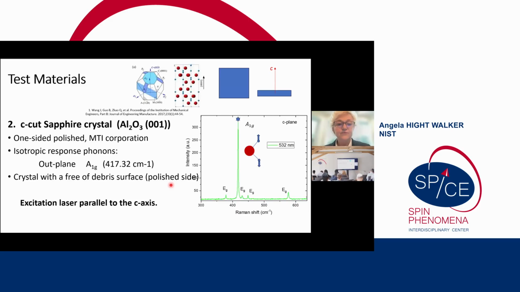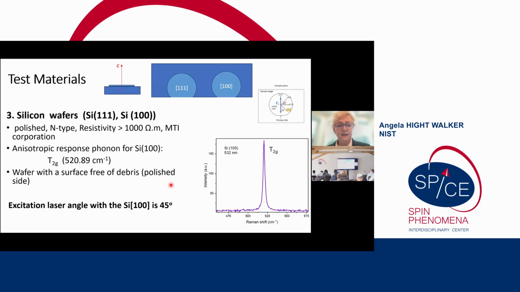Another great material, of course, is sapphire, the particular 001 cut, where there are a number of phonons, and a beautiful A phonon there. And then silicon, of course; if you're a Raman person, you use silicon all the time to calibrate frequency.